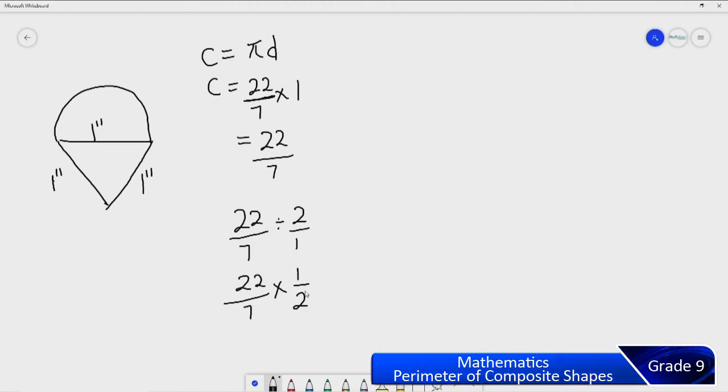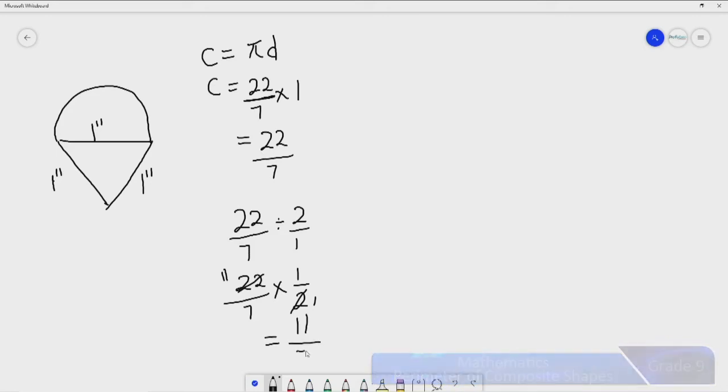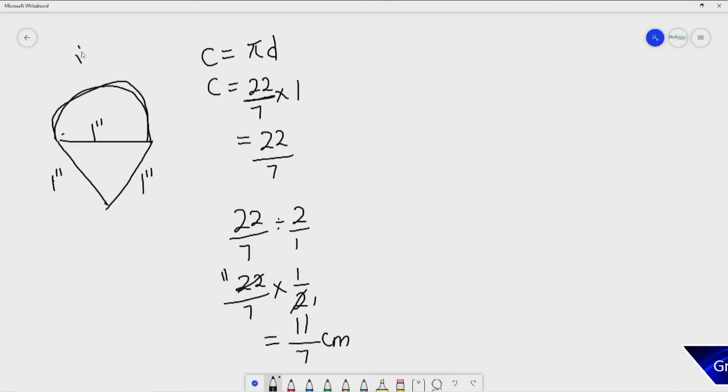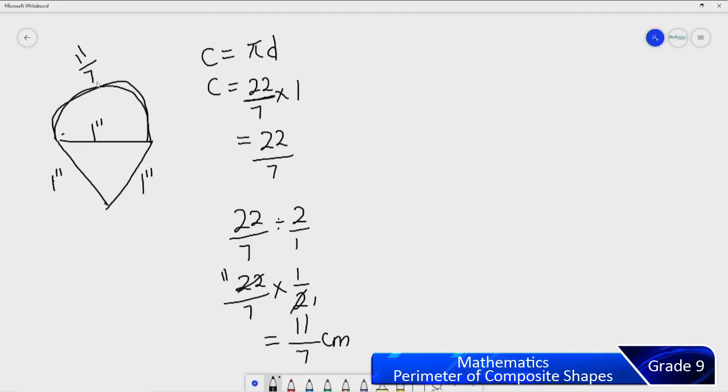And we could reduce this. 2 into 2, 1. 2 into 22, 11. So 22 over 7 divided by 2 is equal to 11 over 7 cm. So 11 over 7 represents this missing side here, which is half of the circumference of this circle.